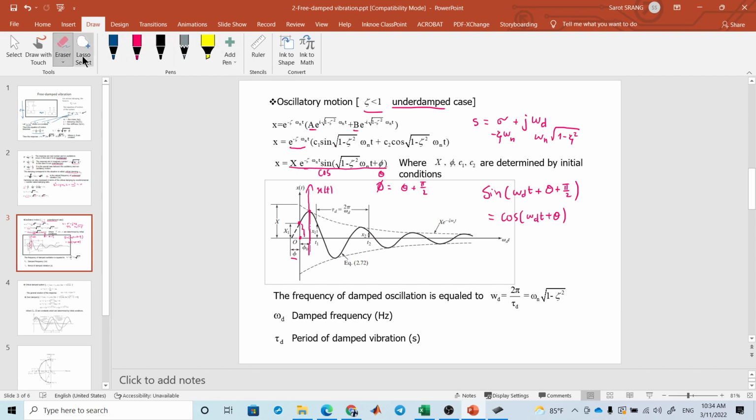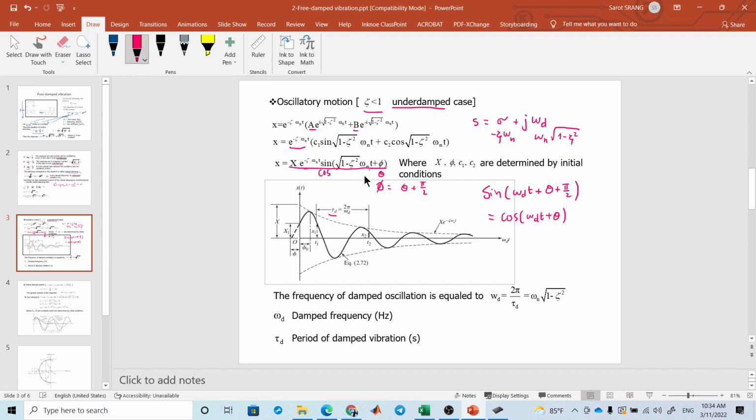Now let's see the terminology here. For example, the period Td represents the period of the sine function.